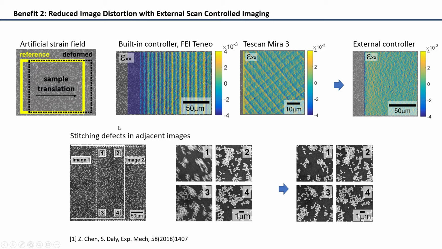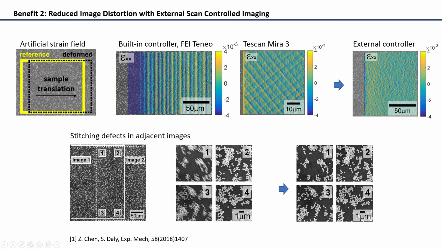Another example is when you want to stitch two adjacent images with an overlap area between them. You may find that the relative positions of different features, for example, these four windows, may appear differently on different images.